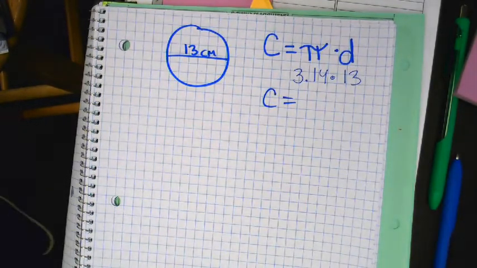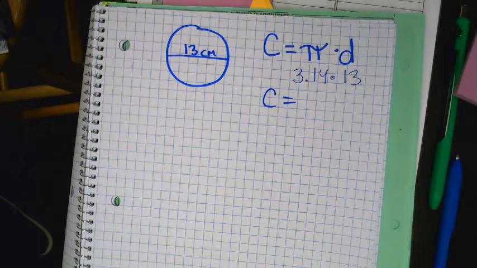Did you type it into the calculator? Did you type in 3.14 times 13?